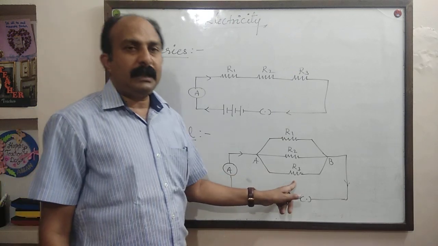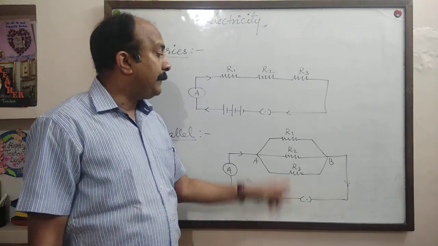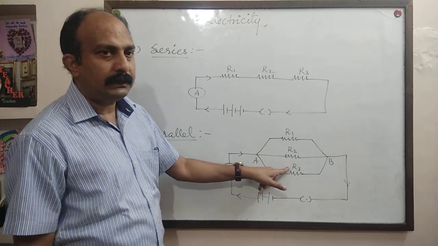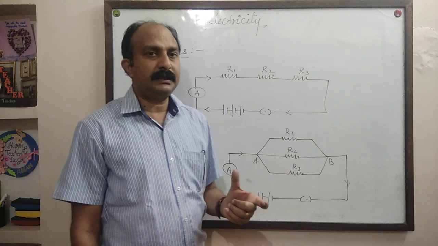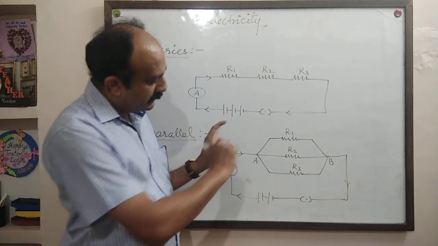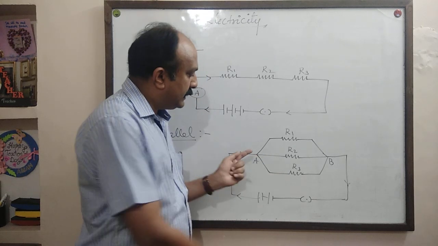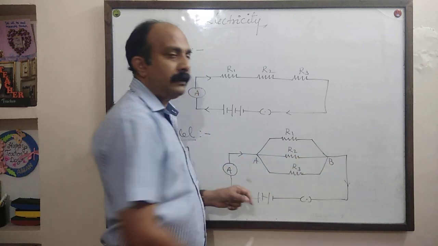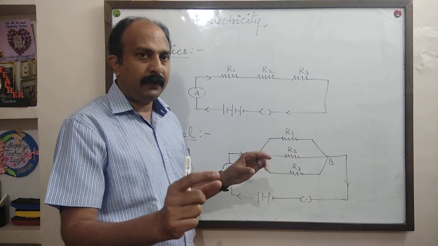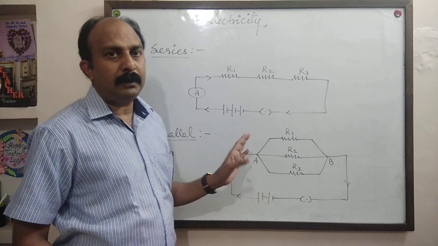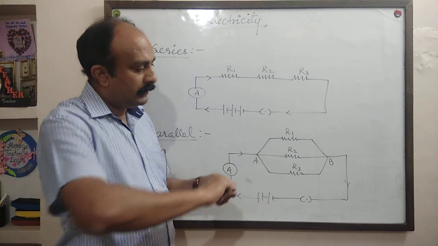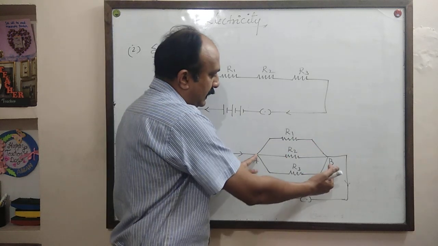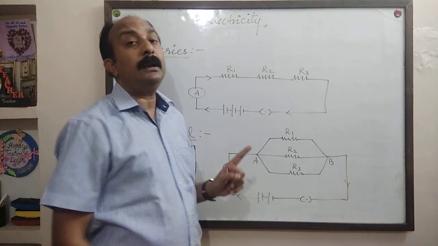This way of connecting the resistors in a circuit is called parallel combination. See, R1, R2, R3, all these three resistors are connected with three different wires, but the end points of all the three wires are the same, A and B. So take three separate wires and connect three different components on them, and finally when you connect the ends of all the three wires to the same point, it is called parallel combination.